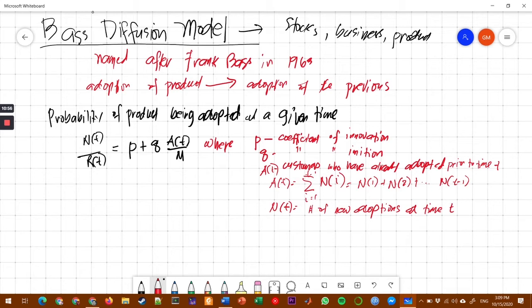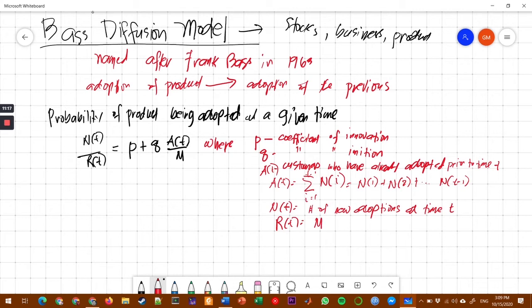Now how about this R here? These are the remaining customers who have not yet adopted. So these are what we call the candidate or the potential pool of customers you can get to adopt. So we have R of t is M minus A of t, where M is the market size.